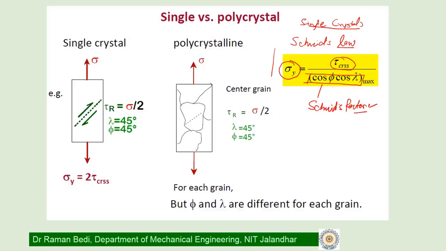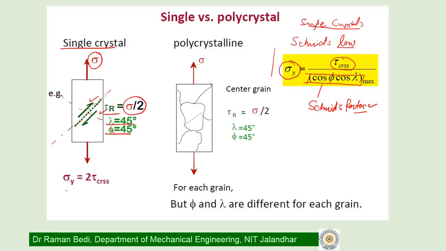Okay, so this is what is happening there. If you are taking a single crystal and loading it in this direction, and you are applying a normal stress sigma here, it is understood from our basic mechanics of materials that your maximum shear stress will be acting at an angle of 45 degrees, and at that time the resolved shear stress along these planes, which can be slip planes, will have the value of sigma by 2.